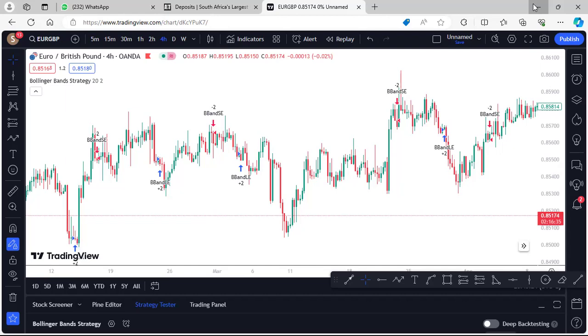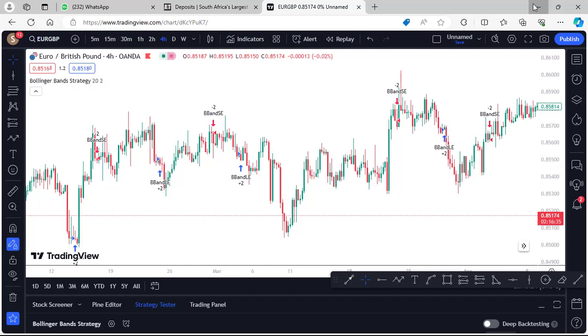You can simply right click, go to properties, and play around with the colors. I want the background to be white, so you can set the background to white. Okay, good.